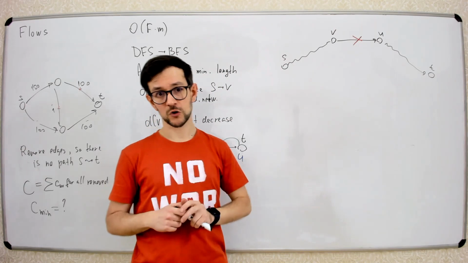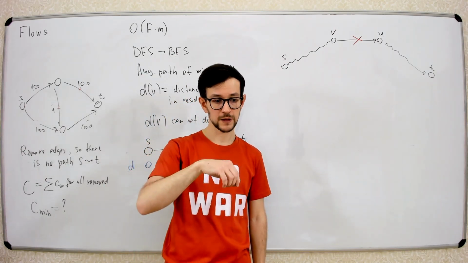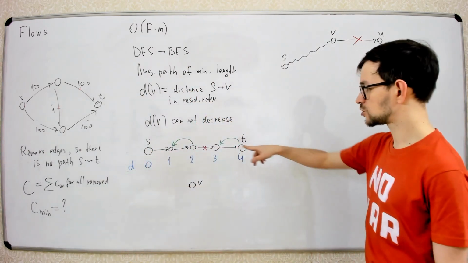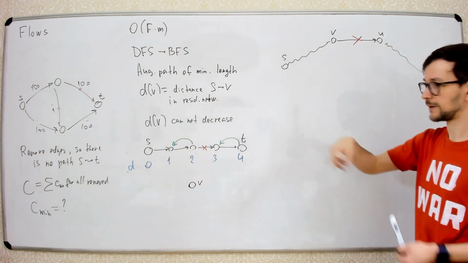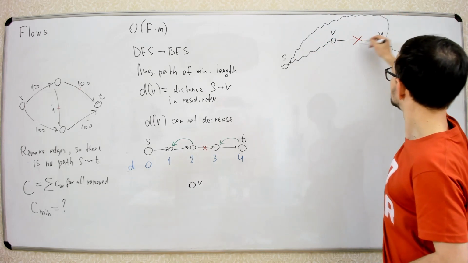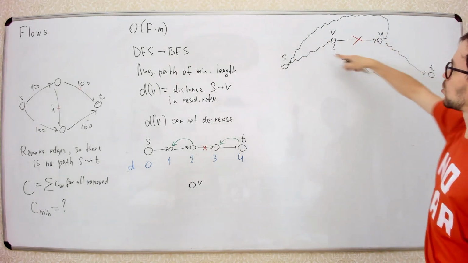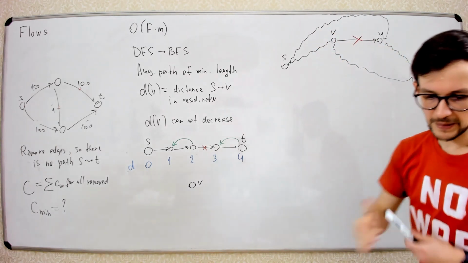So we removed it the first time. Before we remove it the second time, we need to insert it back. To insert it back, we insert edges like this. So this edge must be a backward edge. So we must find a path like this, and we update our flow using this augmenting path.